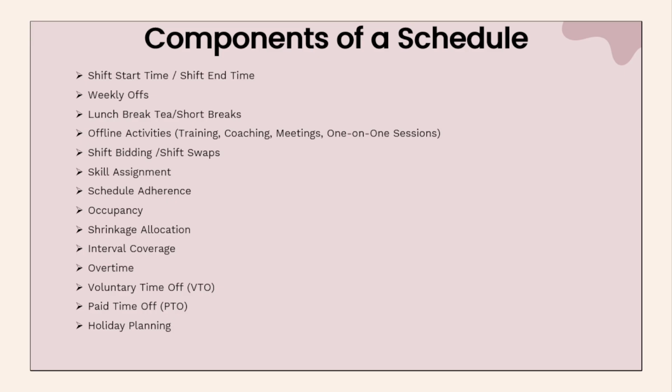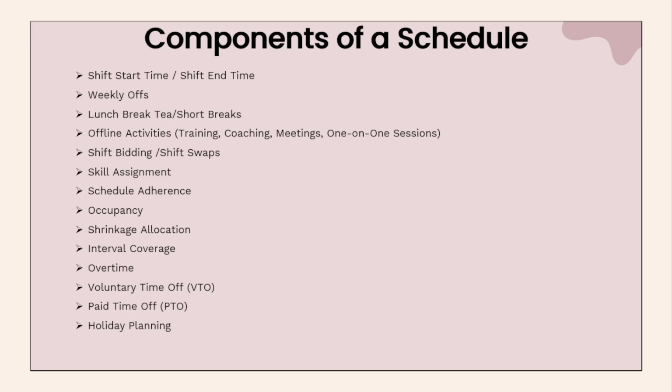We need start time, end time, weekly offs, lunch break, short breaks, offline activities like training, coaching sessions, meeting sessions, one-on-one sessions, shift bidding, skill assignment, meaning the routing profile, the skill of the agent, schedule adherence, occupancy, shrinkage allocation, interval coverage, overtime, VTO meaning voluntary time off, PTO paid time off meaning leaves, and holiday planning.